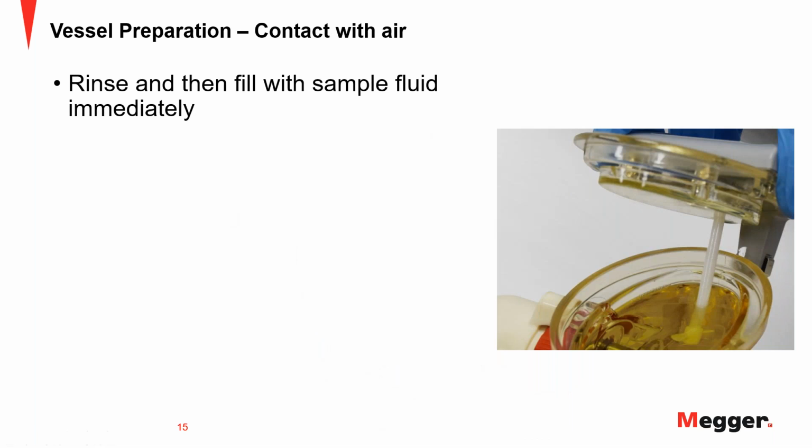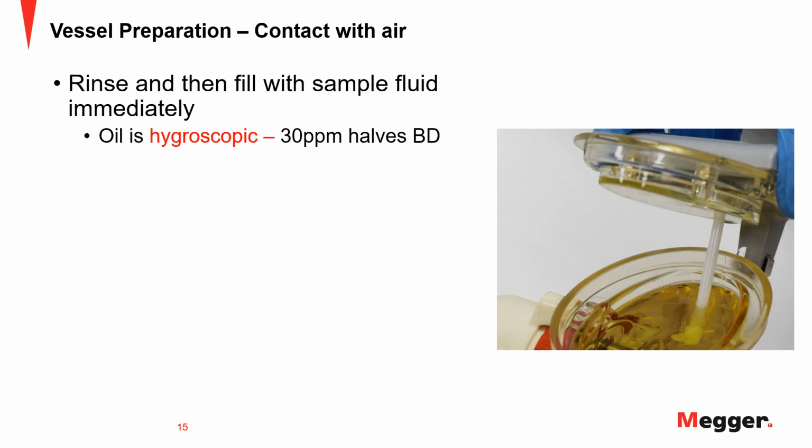So the next thing we need to do is look at how we can minimize contact with air. So previously we said we need to rinse it, and then we need to fill the sample fluid immediately. And why is this important? It's important because oil is hygroscopic. Hygroscopic means that oil has the characteristic of absorbing moisture from air. It does this naturally.